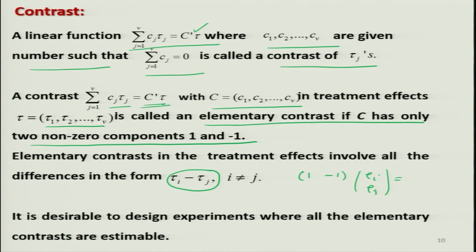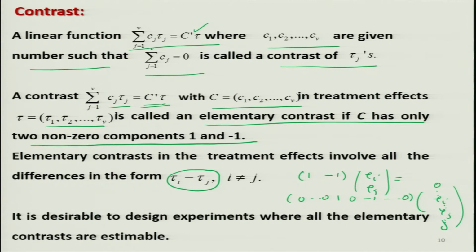If you have more than two treatments, then this will become 0, 0, 0 and then 1 and minus 1 at the i-th and j-th positions, and all other values will be 0, and then we get the elementary contrast tau_i minus tau_j. Now how this elementary contrast is going to help us, we have to understand, and try to recall how this definition of elementary contrast helped you in the case of two-way analysis of variance.